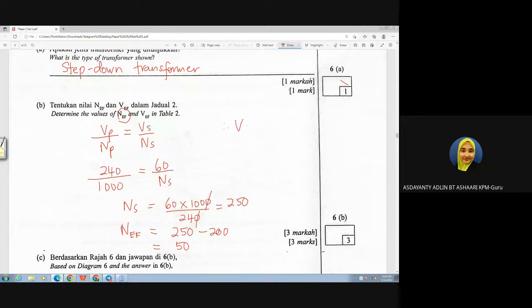The number of EF, D to E was 200. So when we calculate the number of turns of coil at the secondary, we get 250. So we only want EF. So 250 minus 200 gives 50.